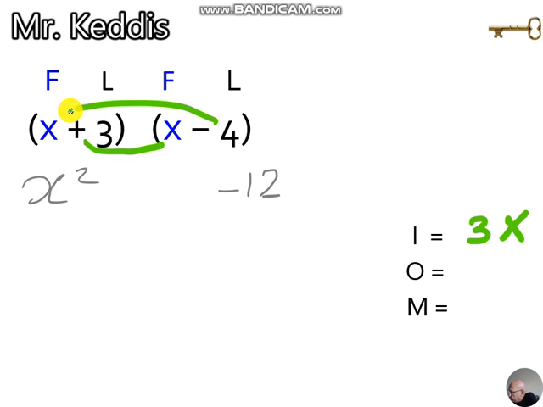The outer product, negative 4 times x, I get negative 4x. I have different signs here. This is addition. I take the sign of the higher number, which is the sign in front of the 4, negative. I subtract, 4 minus 3 is 1x. It means the middle term here is negative x.